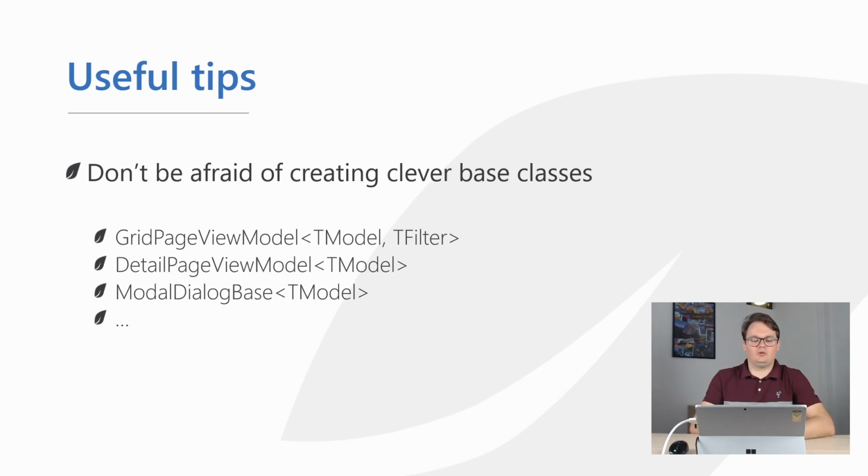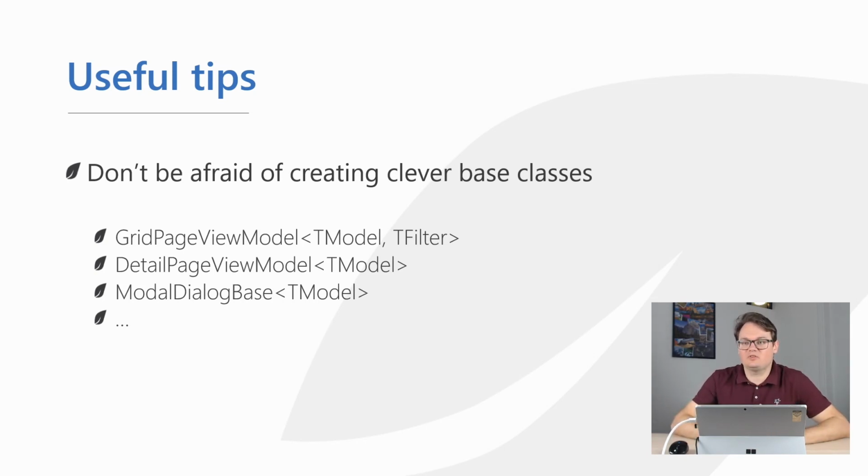You can also very soon find that you can write a modal dialog base class for all the modal dialogs, because all the modal dialogs will probably have the show and hide features, so that can be implemented in your base class.